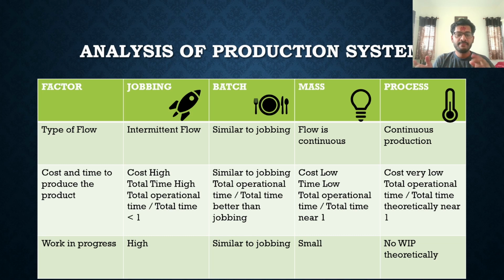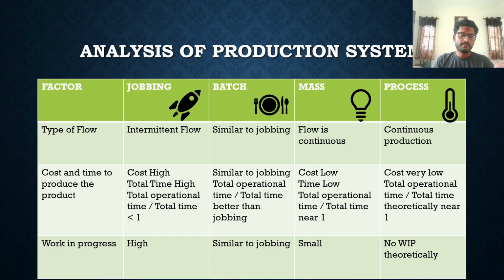Talking about the cost and the time, cost is high in jobbing, total time is high in jobbing. The ratio of total operational time versus total time is going to be less than 1 in jobbing. Batching is going to be better than jobbing, with all other details similar. Mass flow, we are going to have cost as low, time as low, and the ratio is near to 1. When we talk about the process, the cost is very low and the ratio is theoretically near to 1.